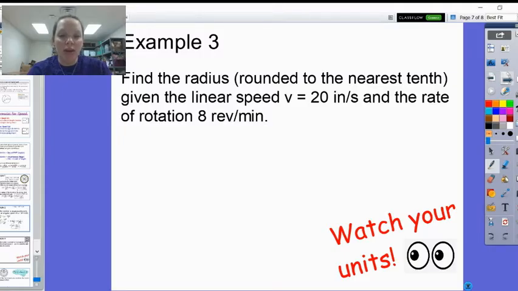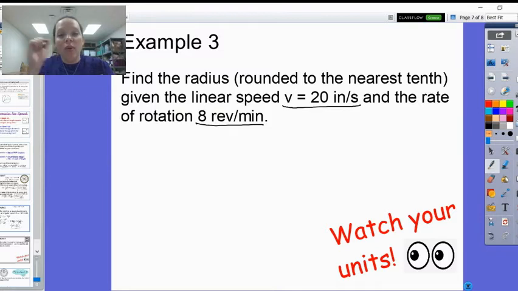So in 1 minute, we're going around the circle 8 times, 8 revolutions per minute. But in order to find the radius, we need more information. So they give us the linear speed, which is 20 inches per second. Now notice those units are different. We have minutes and seconds. So we will have to convert our time at some point here.